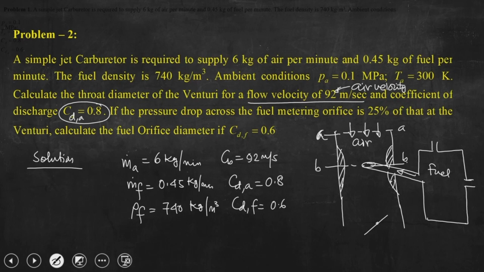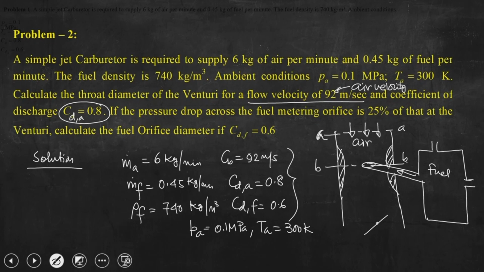So, these are given. Most importantly, PA is given, that is 0.1 megapascal, and TA equal to 300 Kelvin. So, these are the data that we can get from the problem statement.